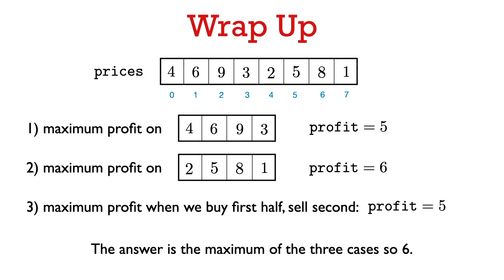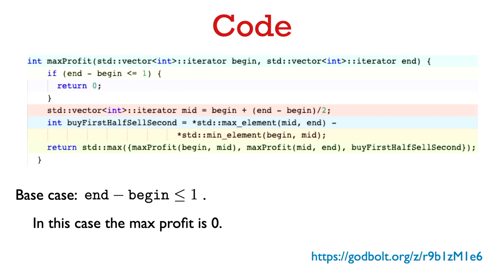Okay, so now we've recursively computed the maximum profit in the first case, the maximum profit in the second case, and we directly computed the maximum profit in the third case. And the answer is just the maximum of these three cases. So in this case, the answer is 6.